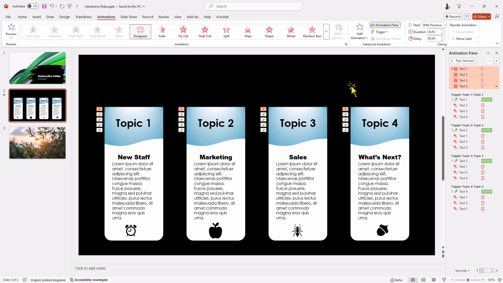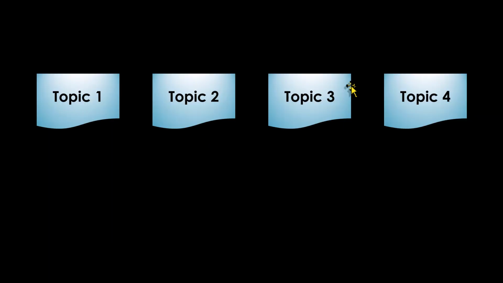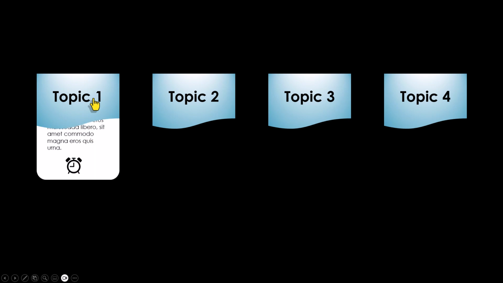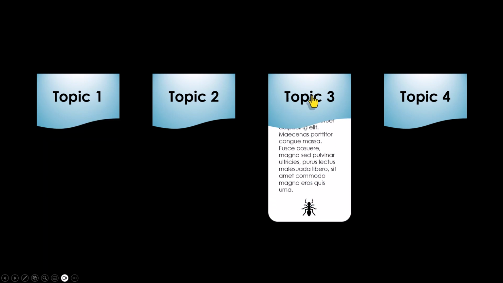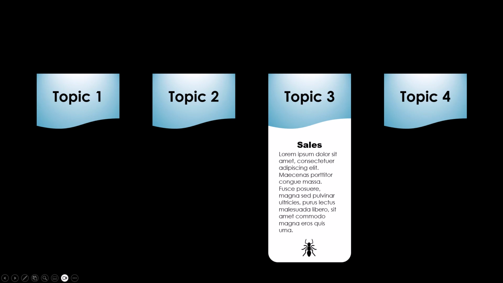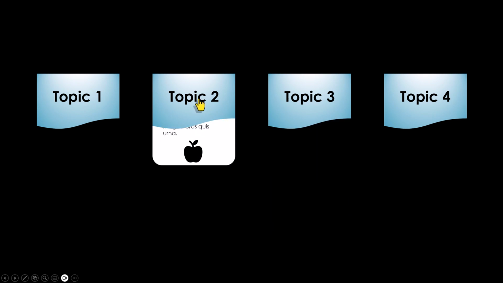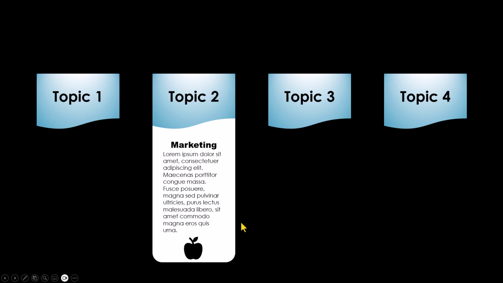So we'll run that, and you can see they're not there. And then if I click topic 1, that comes down. If I click topic 3, number 1 goes up and 3 comes down. So now what we want to do is to be able to click somewhere and move them all out of sight, or bring them all back.